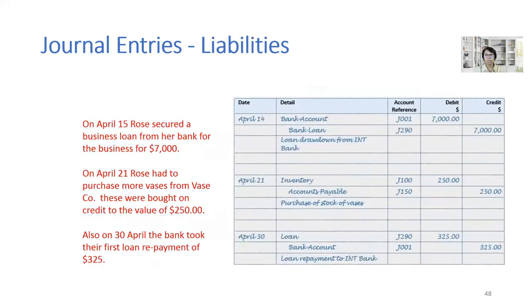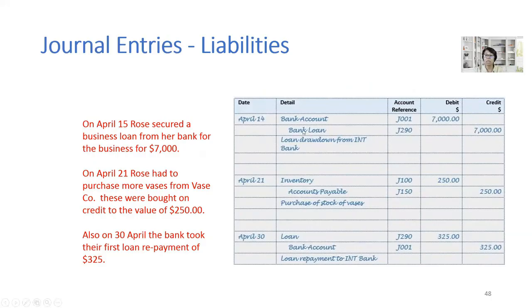Okay, we're going to do journal entries on liabilities. Remember, what are liabilities? Liabilities are what you owe. You owe it to somebody else. So Rose secured a business loan for $7,000. So did our bank account go up or down? It went up because they gave us $7,000 on the loan, right?